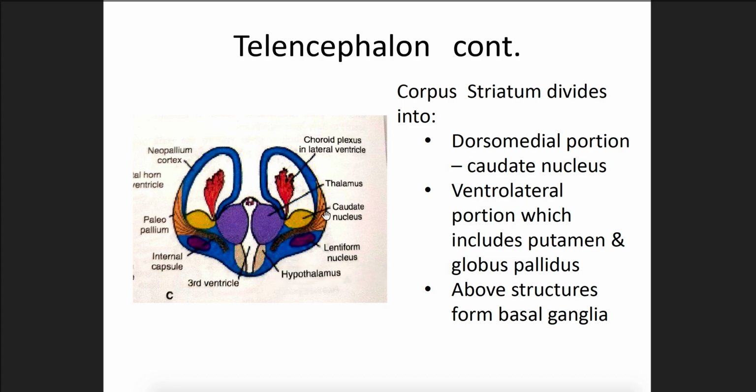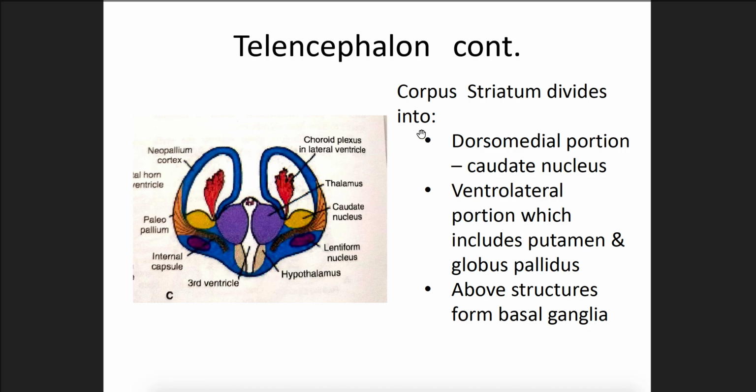This corpus striatum is the part of the cerebral hemisphere which bulges into the cavity of the third ventricle, and it also divides this yellow area from this purple reddish area. And together these structures are known as basal ganglia. Basal ganglia are very important nuclei embedded within each cerebral hemisphere, and they have to do with motor activity.